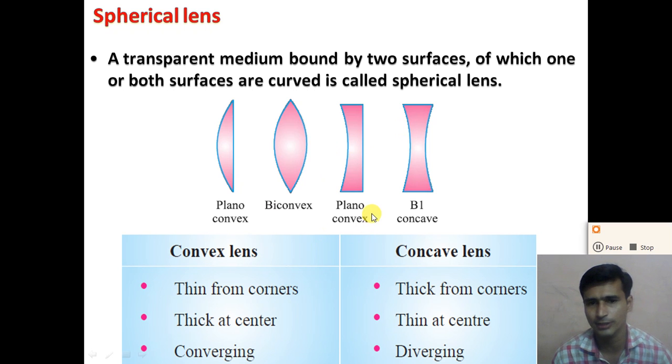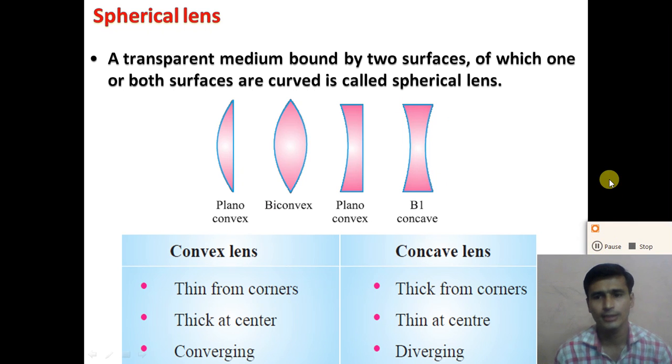Instead of this, if one surface of the spherical lens is curved inward and the other surface is a plane, this type of lens is called a plano-concave lens, right? Not convex, it is a plano-concave lens. And if both surfaces of the spherical lens are curved inward, it is called a biconcave lens, or we can say a concave lens.